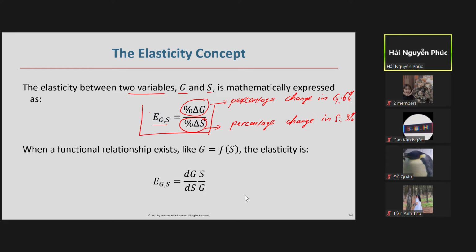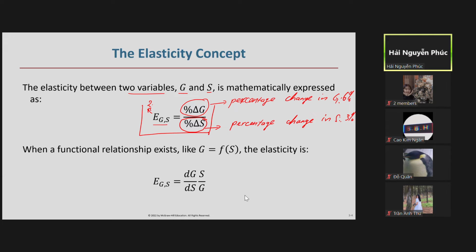Then the elasticity is going to be equal to 2, and the meaning is that if S increases by 1%, then G will increase by 2%.